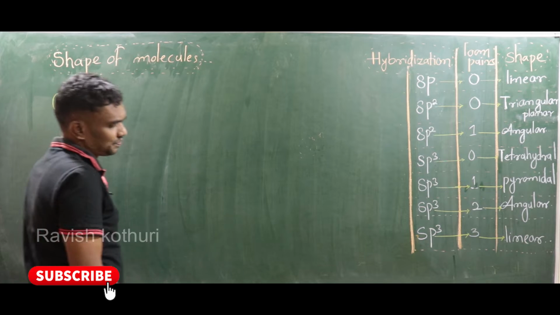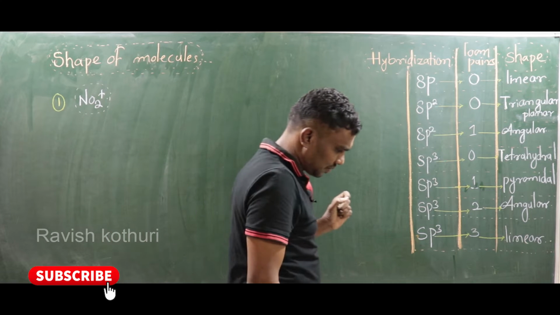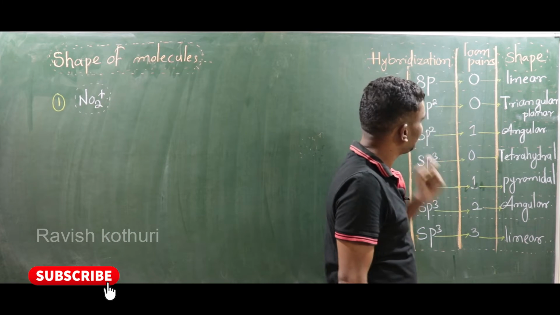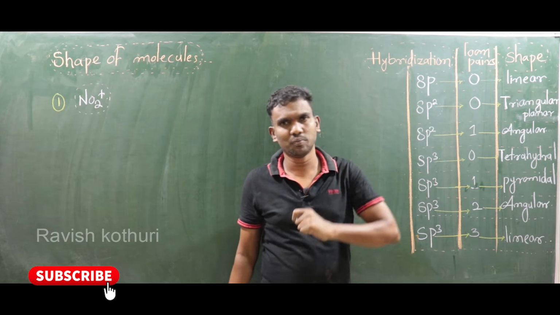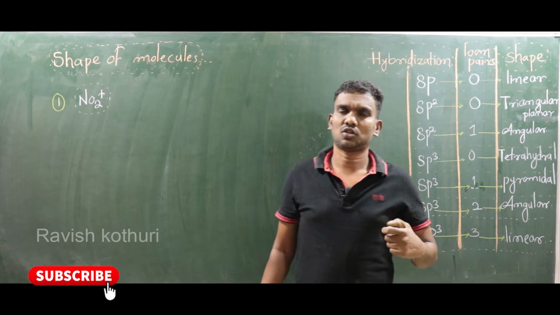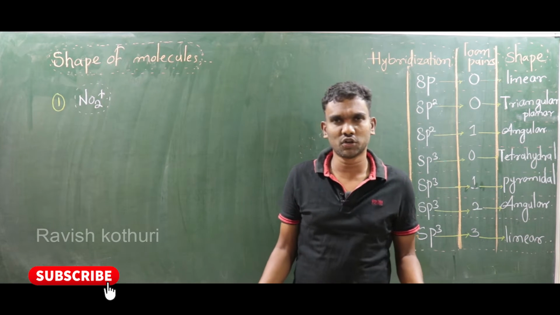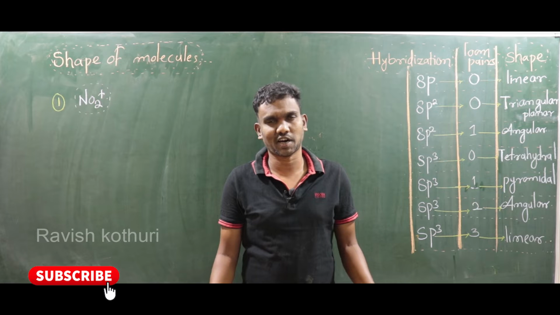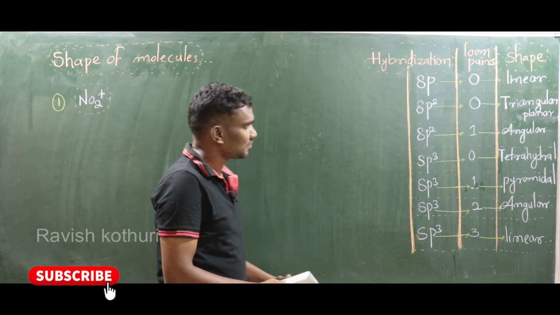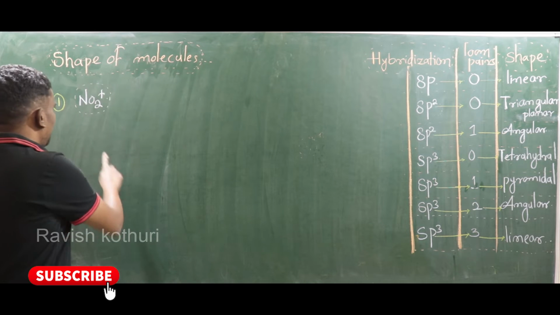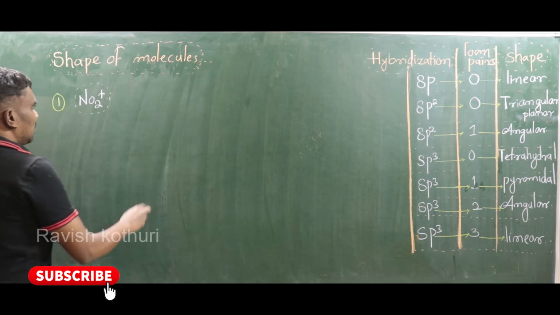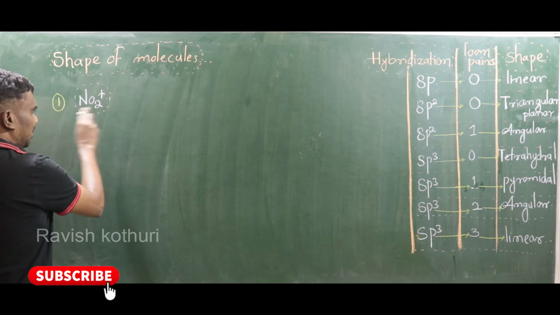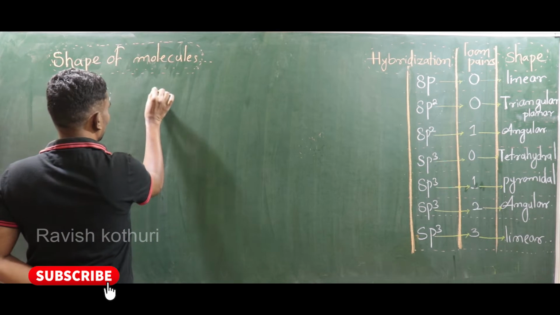What is required here? We need to find the hybridization, and after that the number of lone pairs. Then automatically the shape of the molecule will be described. So first we have to find the hybridization of NO2+. To find hybridization, the very important point is the group number.